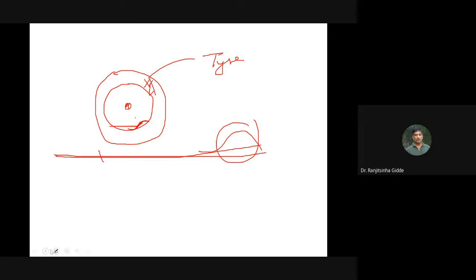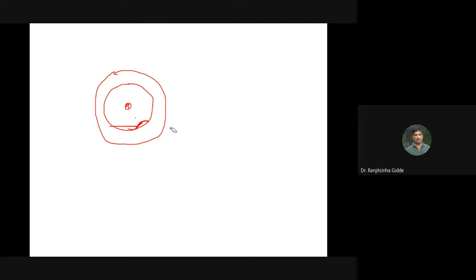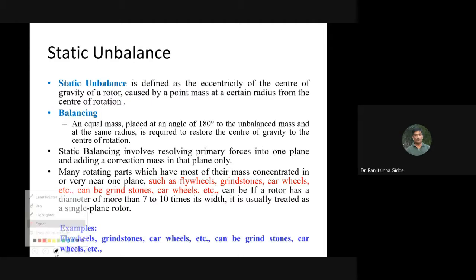So because of this, there will be a change in the center of rotation and the mass center, right?